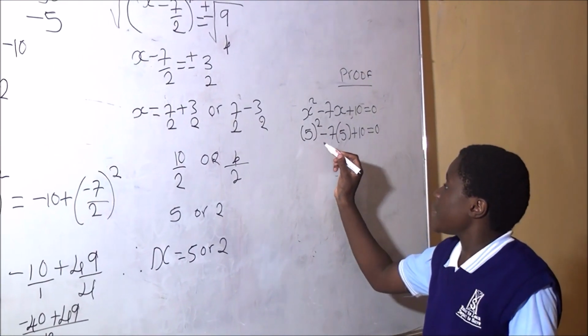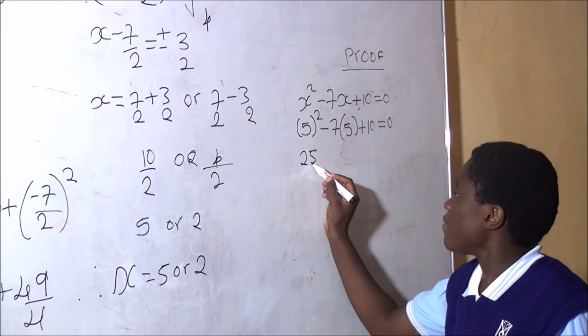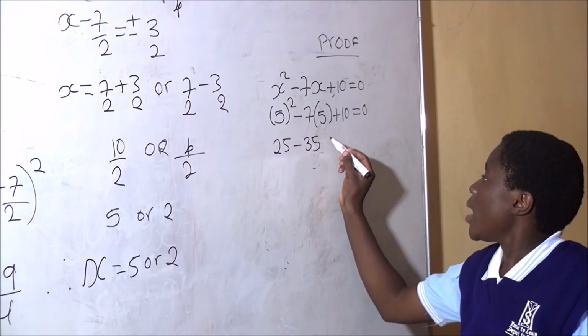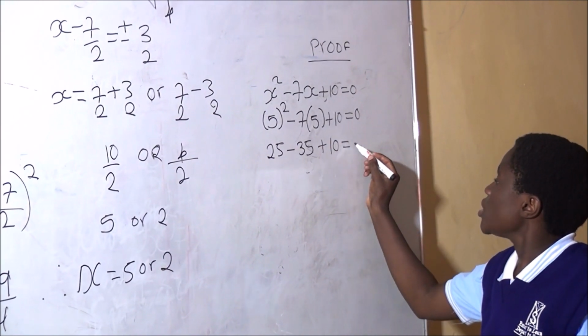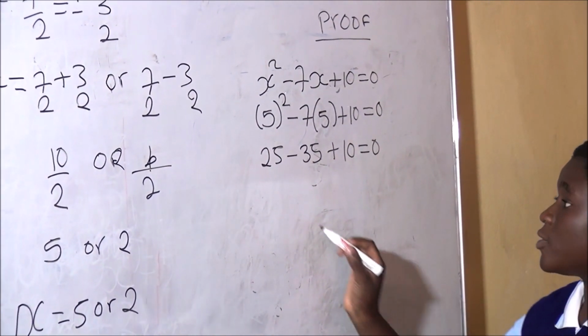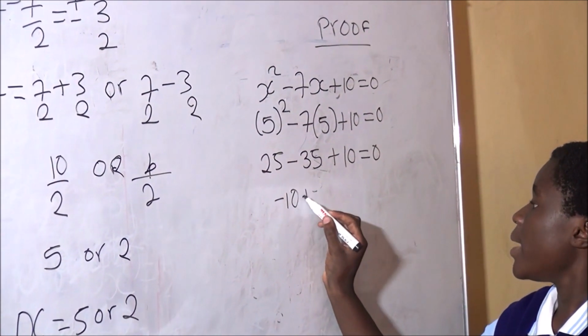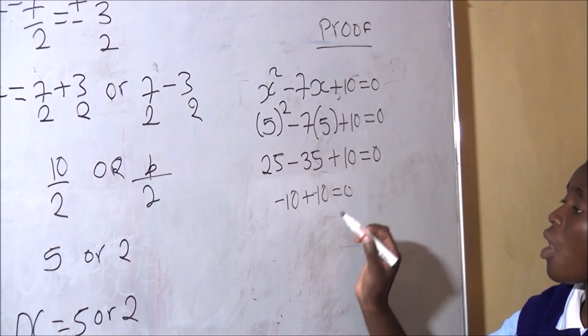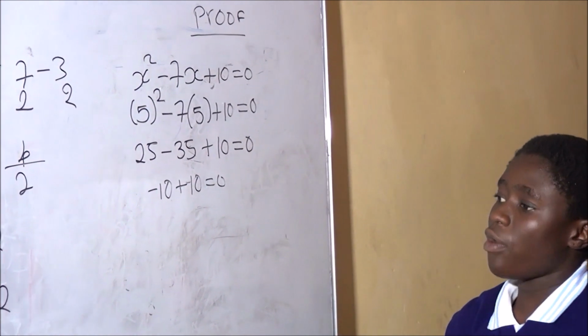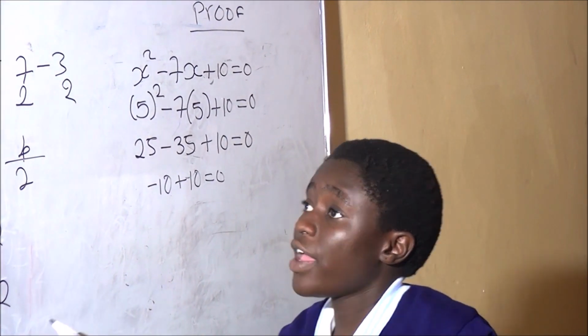So 5 squared is 25, minus 7 times 5, which is 35, plus 10. Then 25 minus 35 is negative 10, plus 10 is equal to 0. Then we have proved that the value of x that we found, 5, is correct.